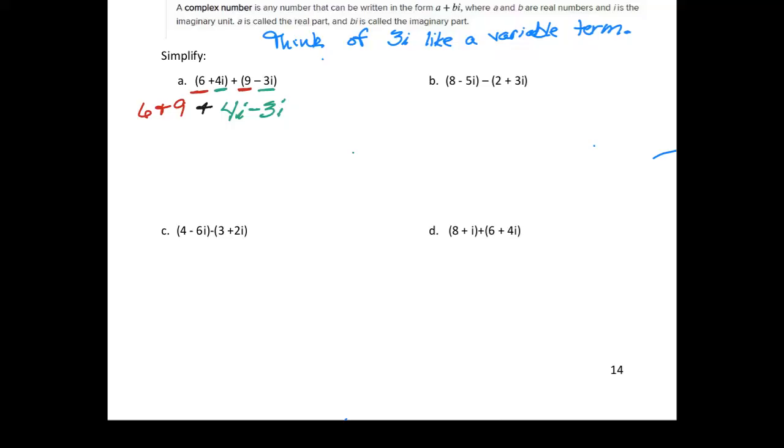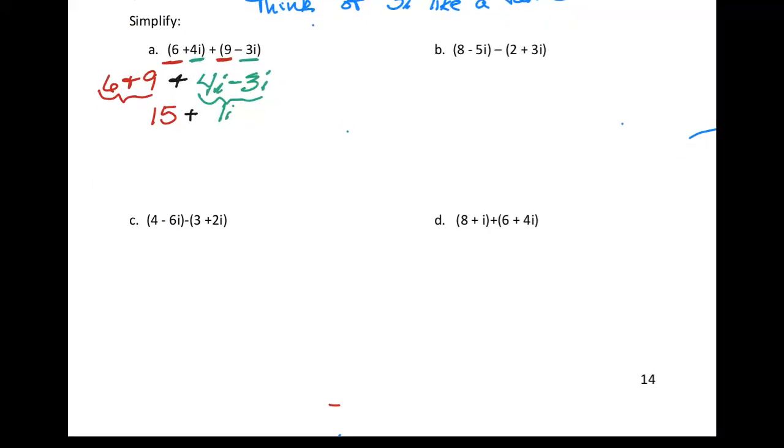So 6 plus 9 is 15. And 4i plus 3i is 7i. And you always put the real number first, the whole number by itself. So the final answer would be 15 plus 7i. That's your final answer.